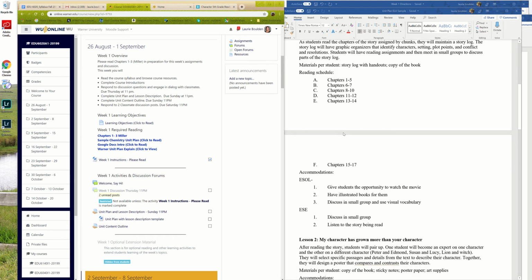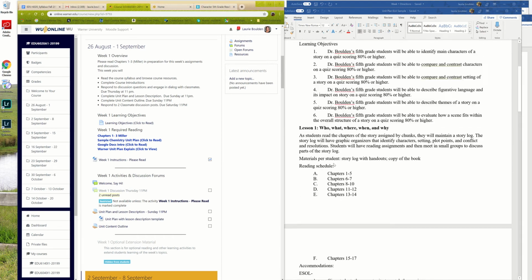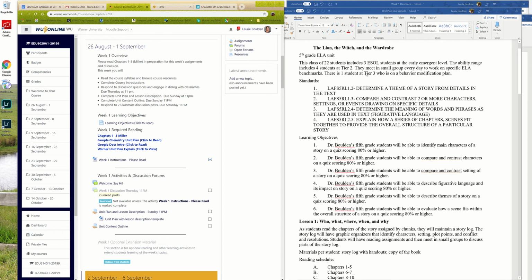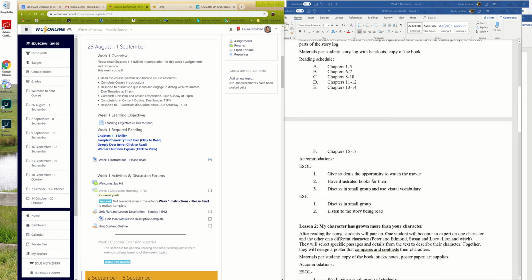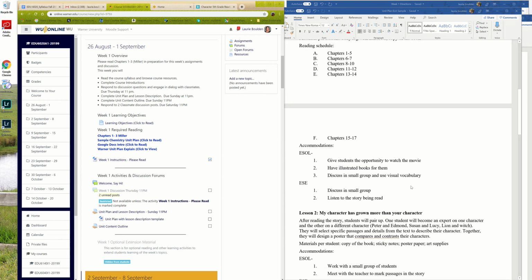For my accommodations, in my description, I talked about my ESOL and my ESE students, so I'm going to make sure I have accommodations for my ESOL. Before we start reading, I want to give those students the opportunity to watch the movie so they have a visual of what it looks like. I want to have illustrated books for them.